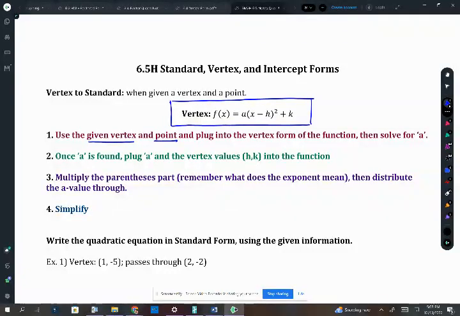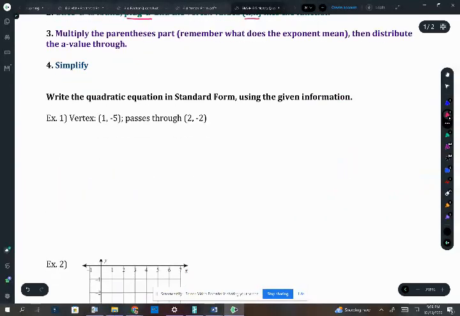And then once a is found, then we use the a value that we found and the vertex (h, k), which again is given to us, and we write the equation of our problem. And then if we're trying to put it into standard form, then we just expand that out to get our standard form.